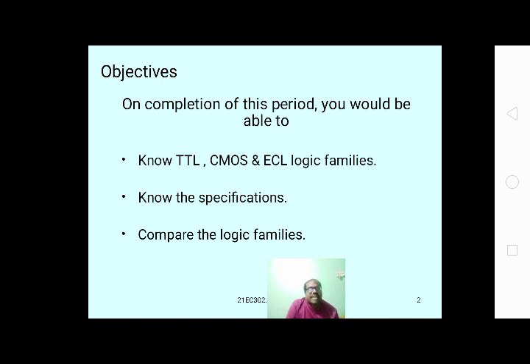These ICs can accommodate various numbers of logic gates and perform digital functions. Thus, many digital functions have been realized in a variety of forms. Each form is referred to as a logic family.